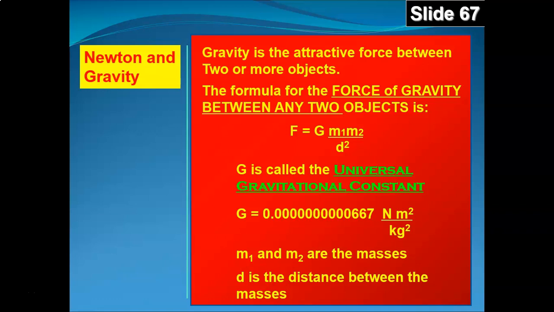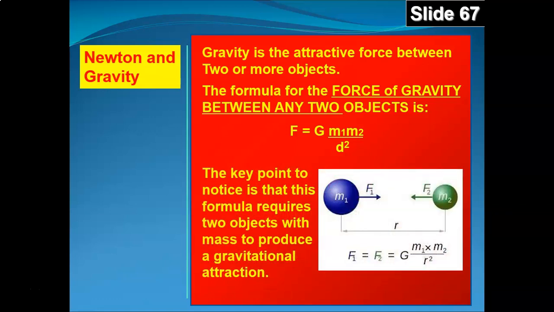You can see it's a very, very tiny number, and you should not confuse it with the small g that we just talked about in the last slide, which is g equals 10 meters per second squared. This is a different number. They both stand for gravity, both letters, but this is a different number altogether. M1 and M2 are the masses of the two objects, and D is the distance between the masses.